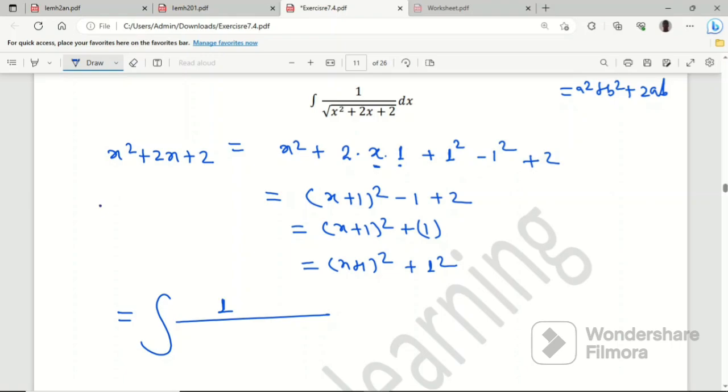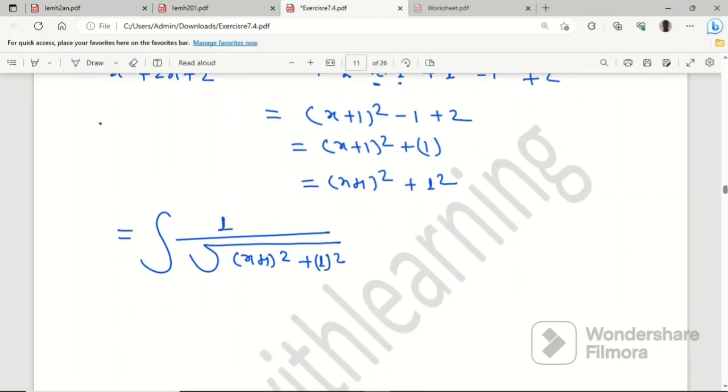Now I can use the formula directly, although we have solved one question of this type. Directly we can write, it is x square plus a square, so we write log x, but here the variable is x plus 1. Try not to forget it.